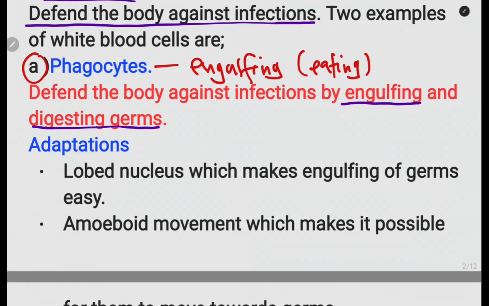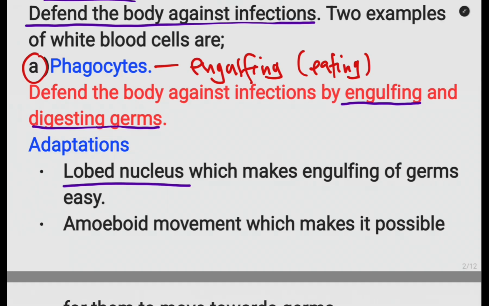They have a lobed nucleus. The difference between them is that the phagocyte has a lobed nucleus, and this makes engulfing of bacteria or germs easy. We are going to look at the diagram, don't worry.